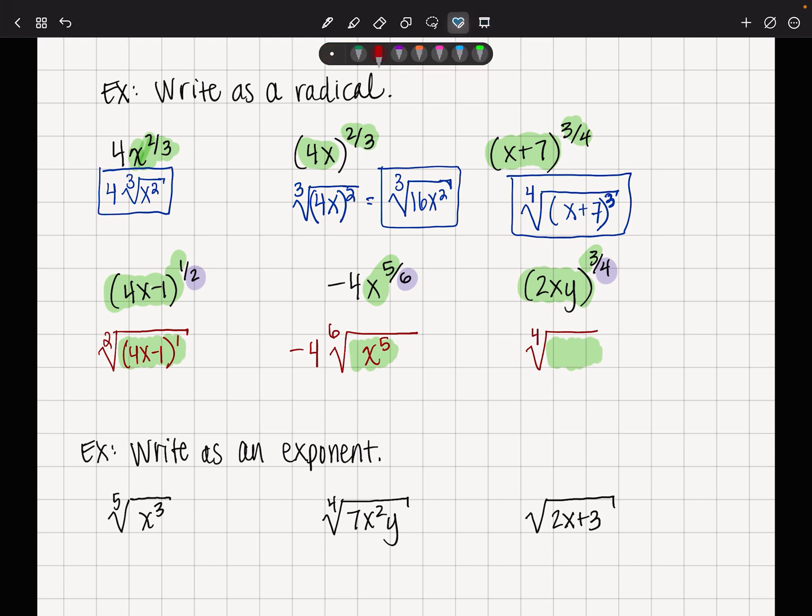And then here we have all of 2xy raised to the 3rd power. But I have to distribute that 3, and because I know it's 8, it's going to be 8x cubed y cubed. And there's our answers.